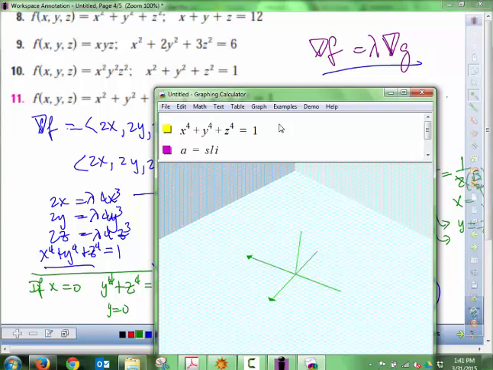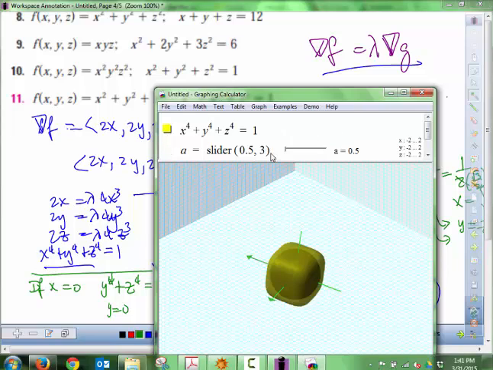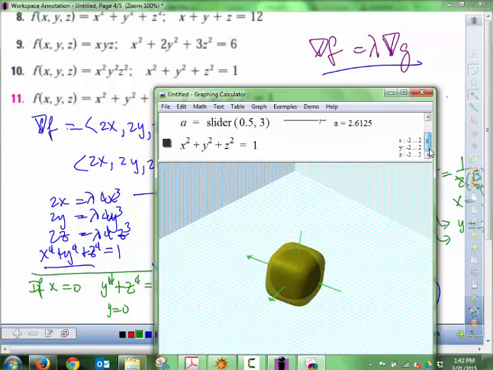A equals 0.5 till 3. No, it's not growing. Not growing because I needed to put this as A.